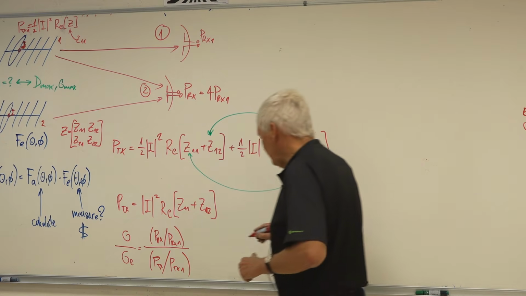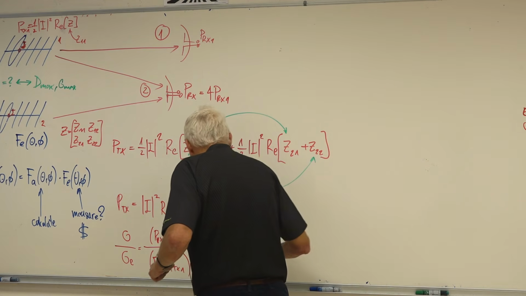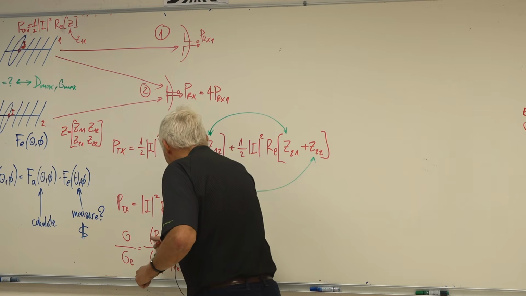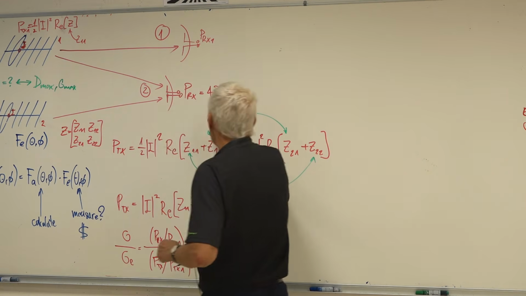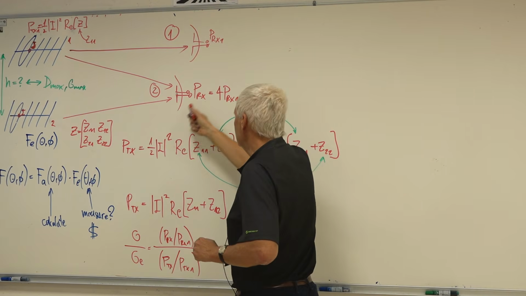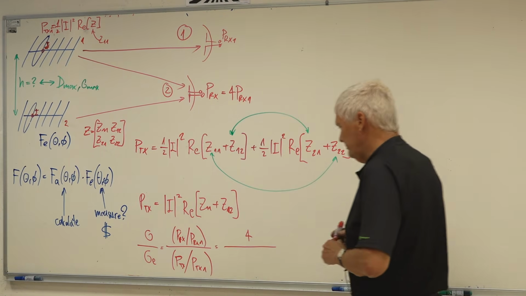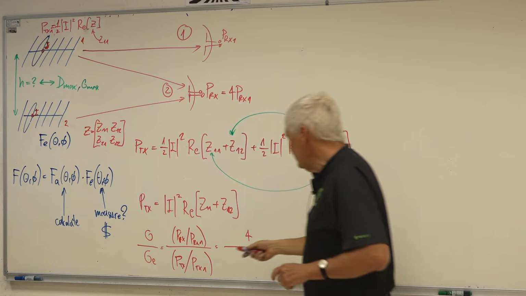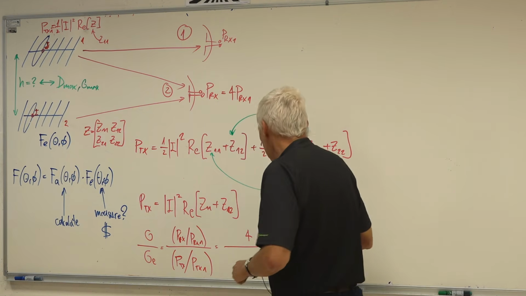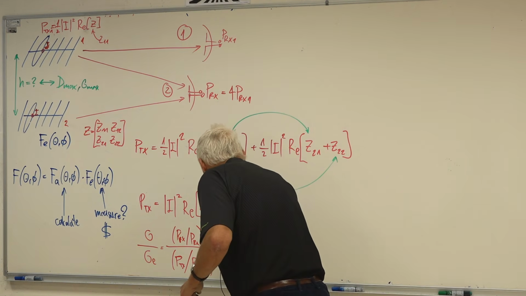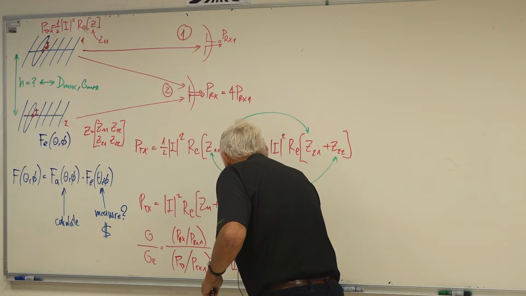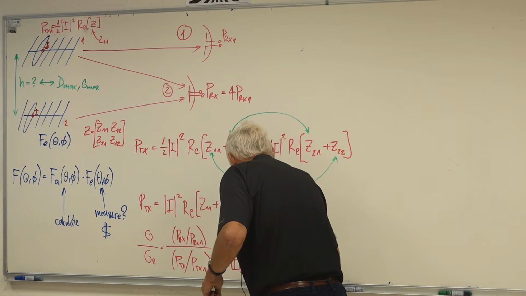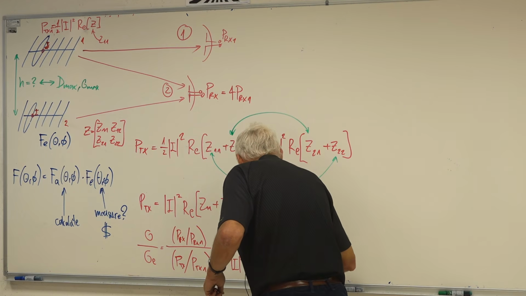And let's see what happens here. So this ratio up here is equal to 4, because with 2 antennas operating with the same current as the first antenna, I get twice the field, I get 4 times the power. But down here, I should write the powers. And here I have I squared times the real part of Z11 plus Z21.